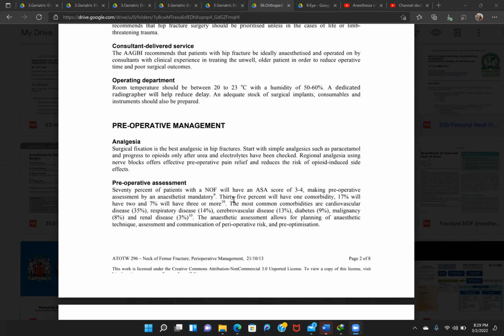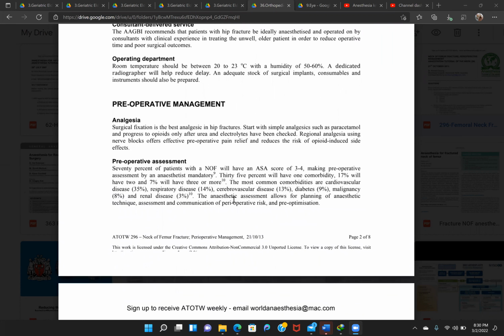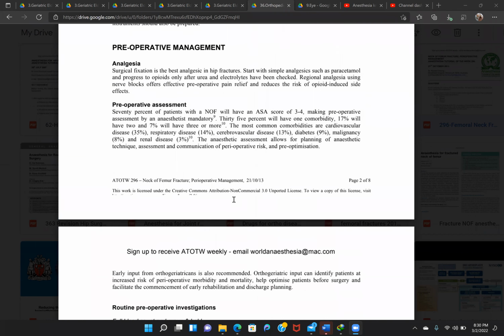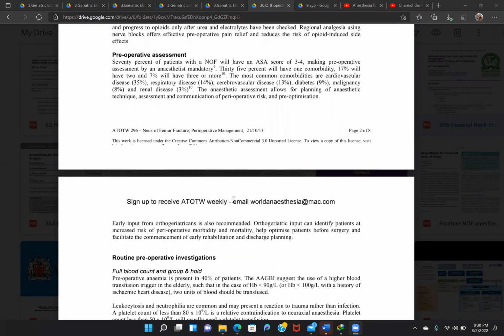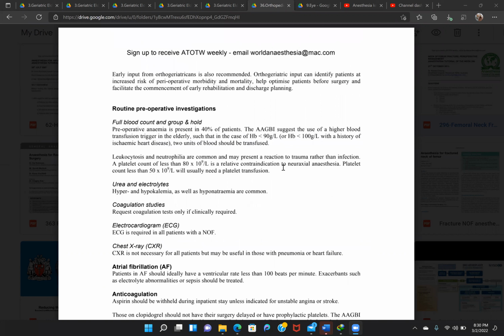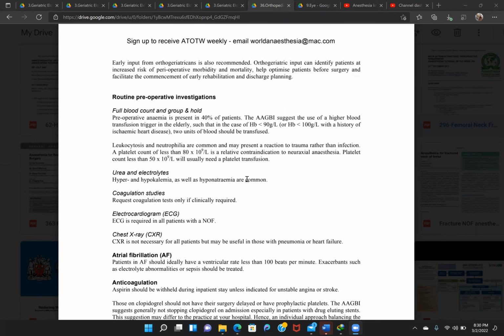But in this scenario, you cannot delay it for a long time. You will try to give analgesia if you want. Even if you are giving general anesthesia, even for the shifting of the patient from the bed to the trolley to the operation theater bed, you can give one of these blocks in the emergency: the PENG block, fascia iliaca, or femoral nerve block, by any way. You will not be delaying the surgery, and you can do a quick ABG and have a CBC report or electrolytes if you can.